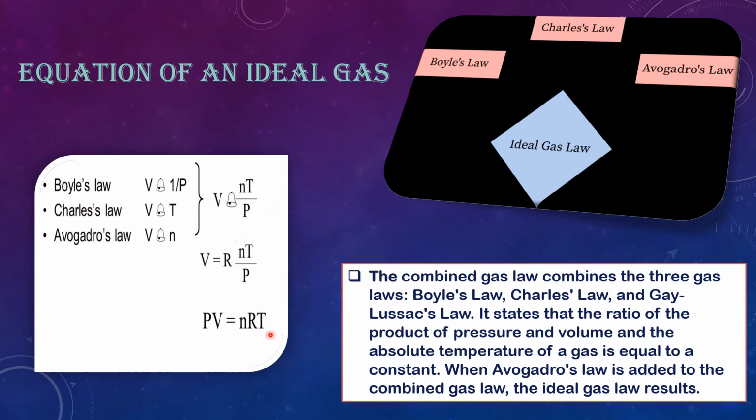Actually, this is the ideal gas equation. So, the state of any gas can completely be described by four variables, that means P, V, T and N. This equation is called the ideal gas equation.